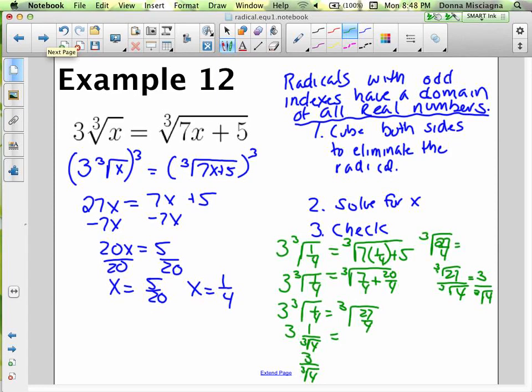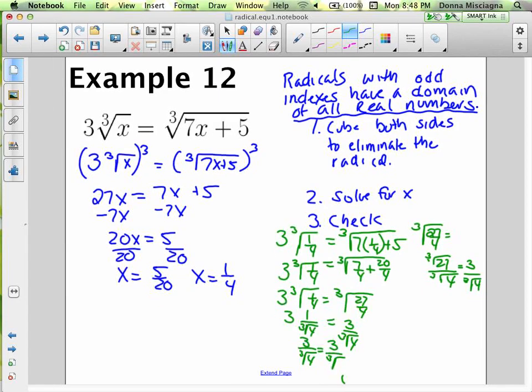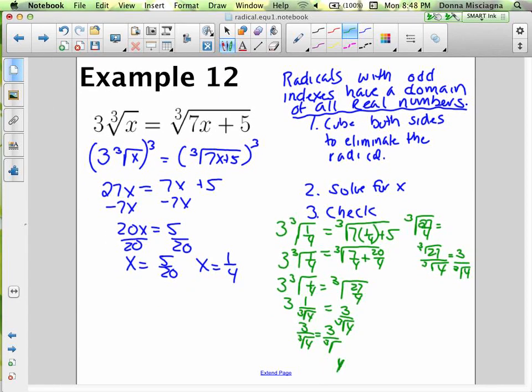All right, so that means we could simplify this to 3 divided by the cube root of 4, which is exactly what we have. So sometimes you may have to do some simplifying first. So even though this one had a little bit tricky check there, this one does check out. That's a good solution. We'll give it a happy face.